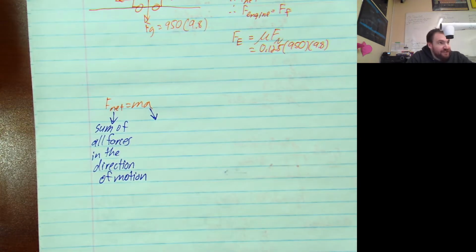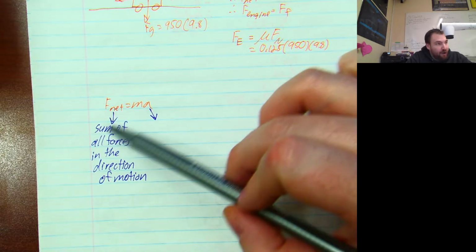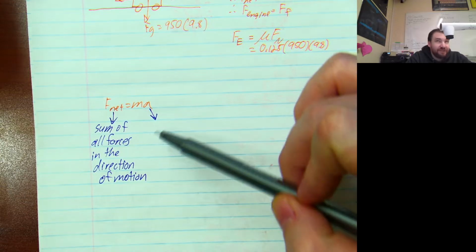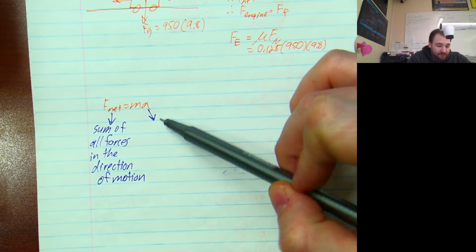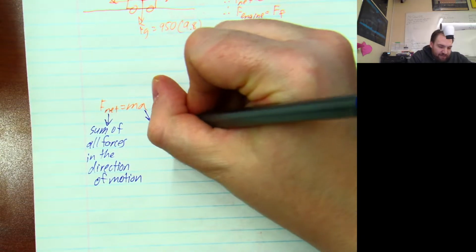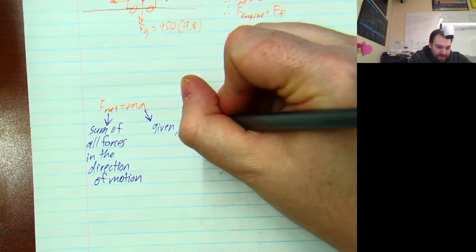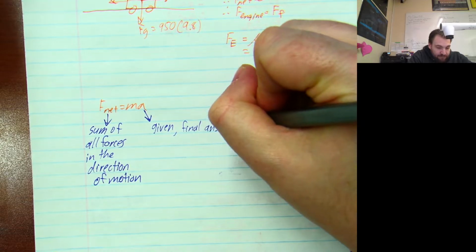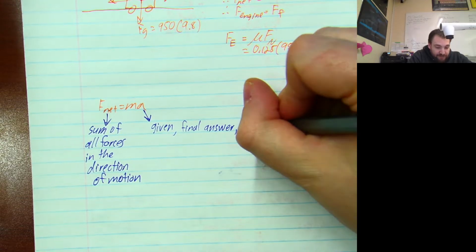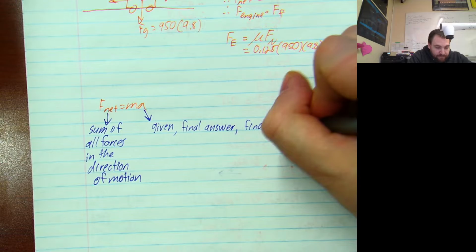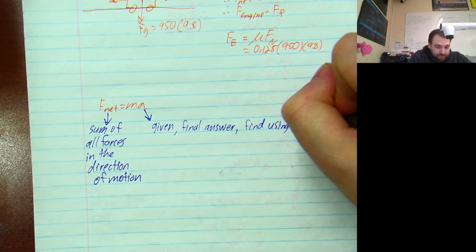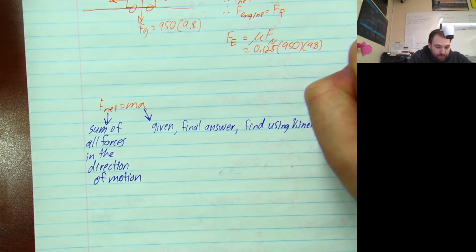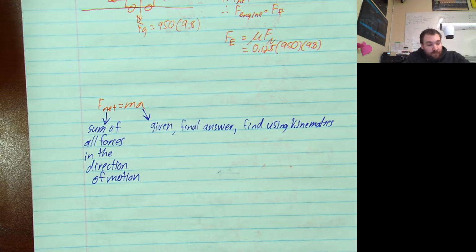Sometimes this acceleration is going to be given to you. Sometimes you're going to have to find it given a whole bunch of forces that we know. Sometimes you're going to have to use kinematics. So this is either going to be given, and might be your final answer, or you have to find it using kinematics. I got screwed up on the plus or minus of the combination of forces.